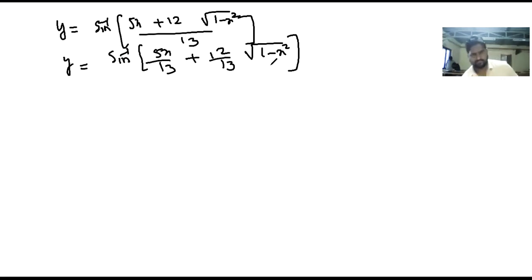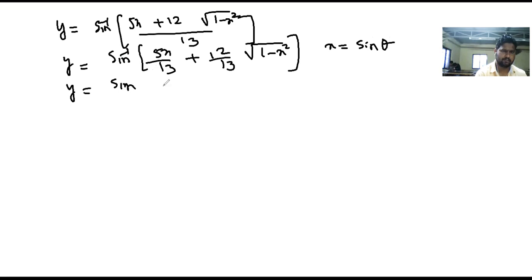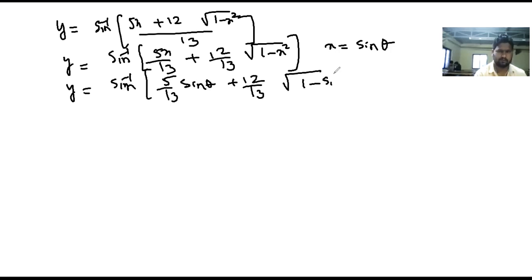So we can use the substitution x equal to sin theta or cos theta. No problem, we can use any one. Suppose I use x equal to sin theta. So y is equal to sin inverse of 5 by 13 into sin theta plus 12 by 13 into square root of 1 minus sin square theta.